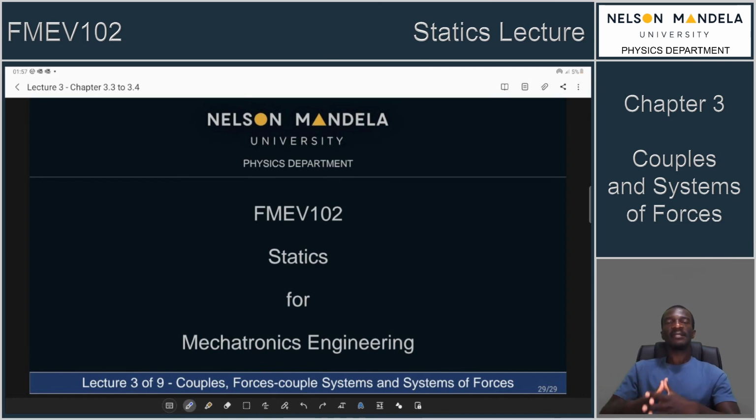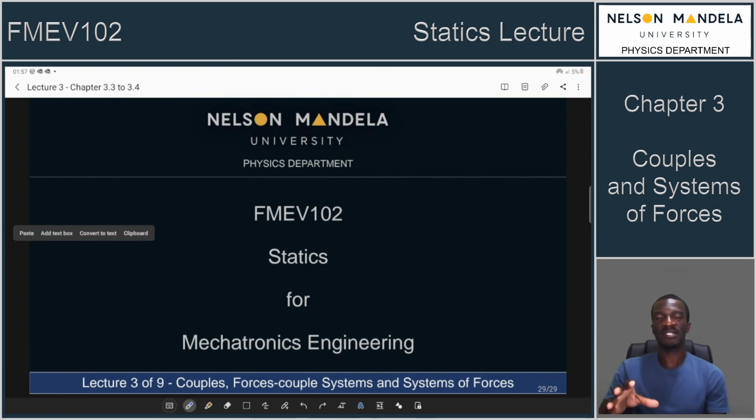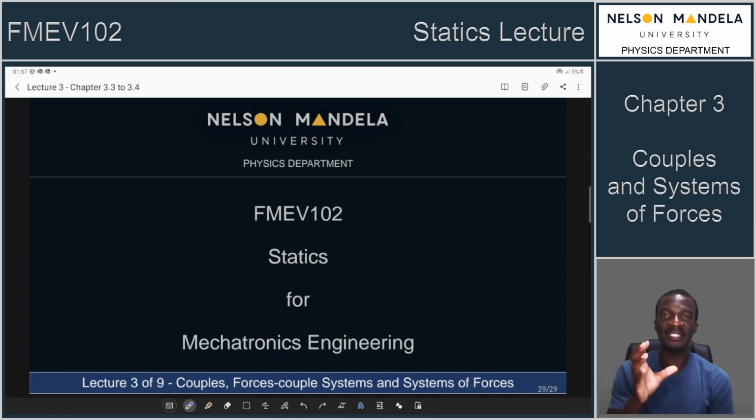In summary, with your force couple systems you are looking at a couple in the first place. What is a couple? It is made of two forces. These forces must point in different directions. These forces have an associated couple vector. The couple vector is always drawn like a normal vector with a line to show that it is representing a couple.